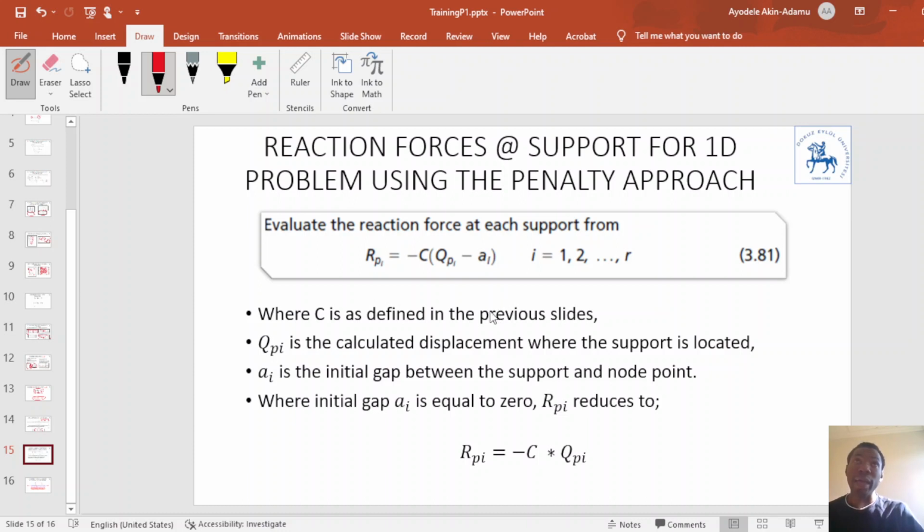But where there is no gap at the support, A is set to 0. And when A is set to 0, the reaction formula reduces to this: minus C multiplied by the displacement quantity at that support node.